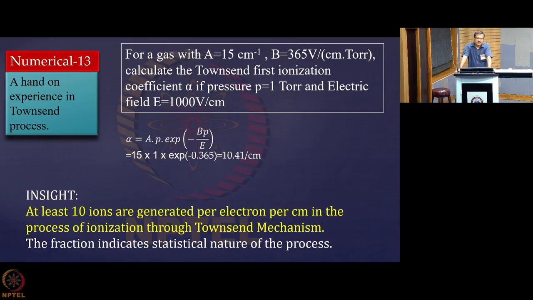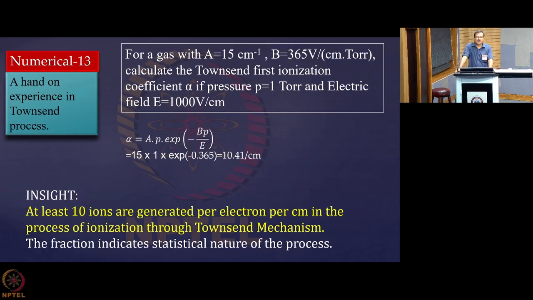For a gas with the gas constant A equal to 15 per centimeter torr and B equal to 365 volt per centimeter torr, we want to calculate the Townsend first ionization coefficient, that is, how many electrons will be produced per unit length. Note that we are using units like centimeter and torr, which are basically working units in this area.